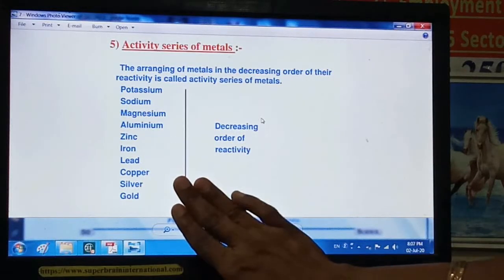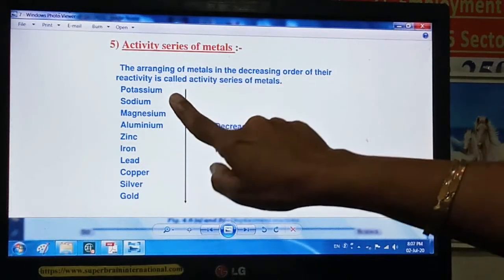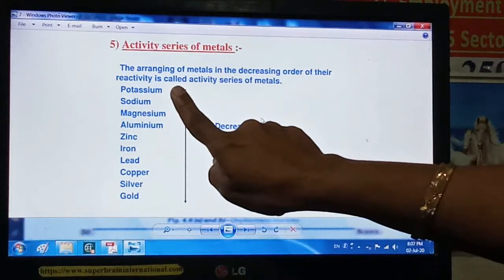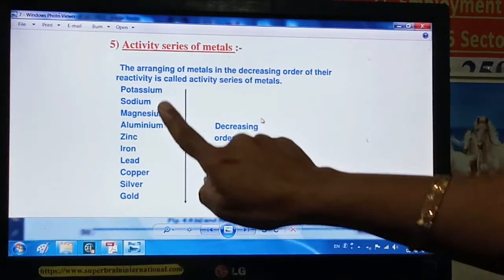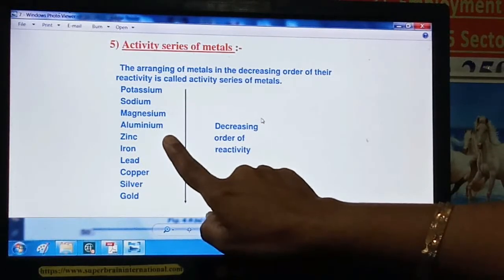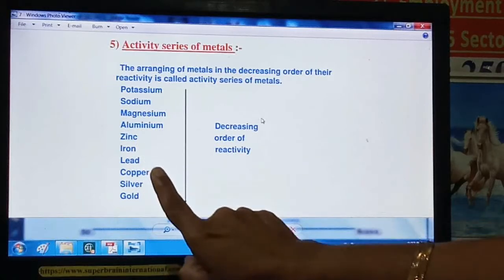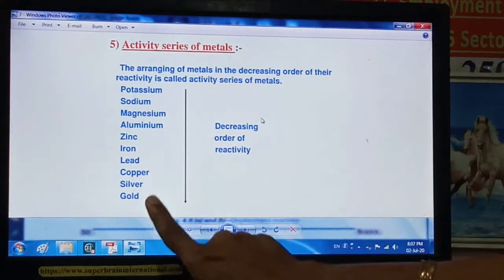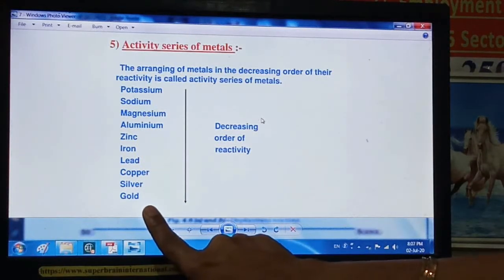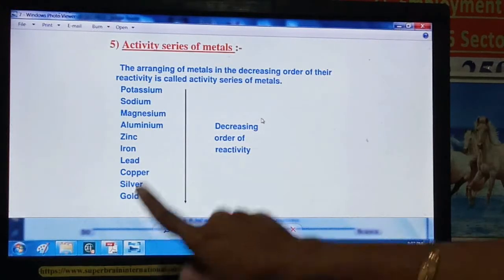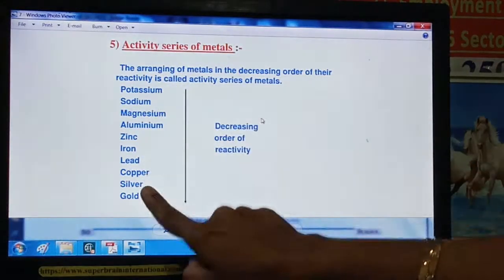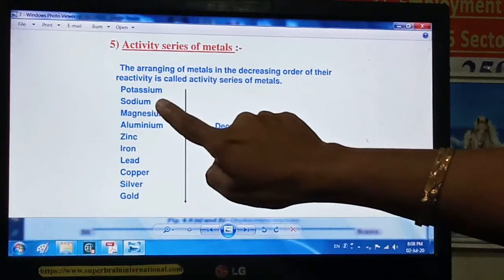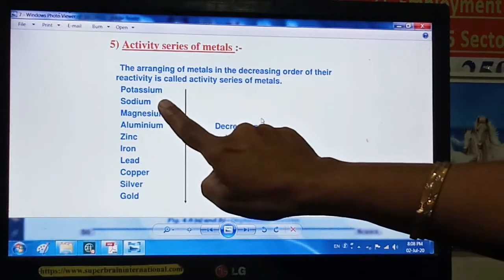Now check the position of each metal: potassium, then below that sodium, then magnesium, aluminium, zinc, iron, lead, copper, silver, and at last gold. You can see sodium here; it is the highest reactive.